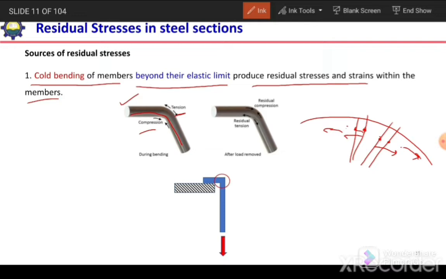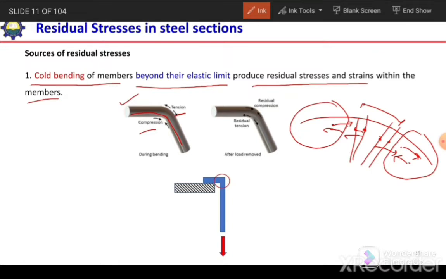When we release or remove the load, the portions under elastic deformation, the particles of this portion, for example this particle that has moved up to this point, will try to go back to their original position. But the particles within this range, which have permanently deformed, will remain at their new position.